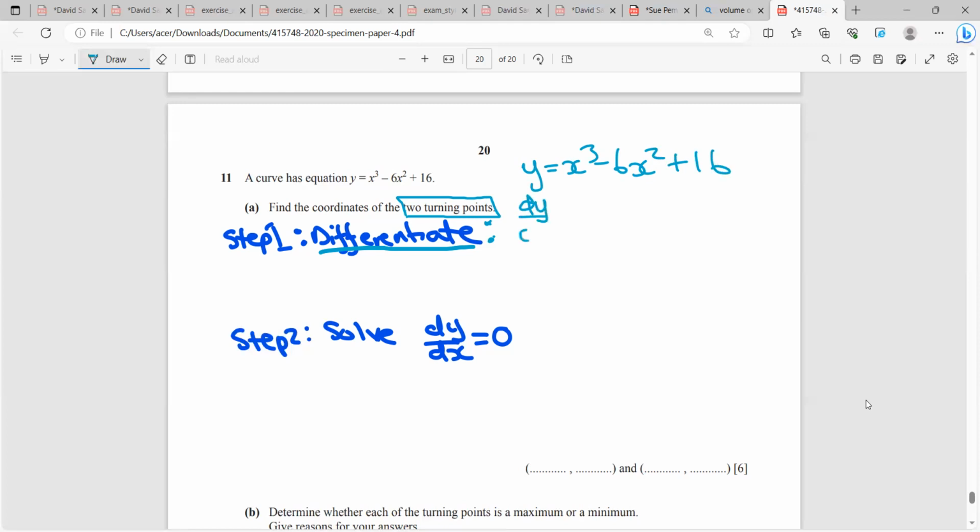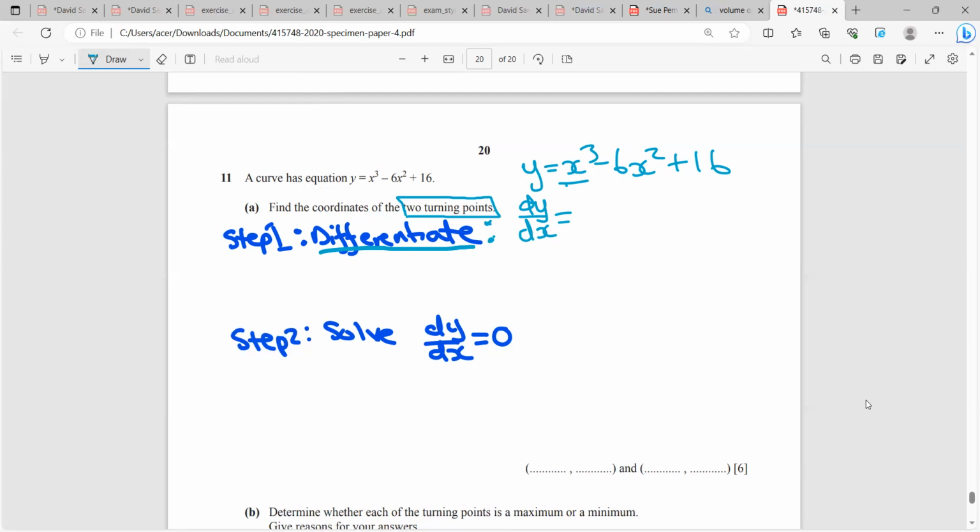Lisa, can you tell us our dy/dx? Differentiate the whole thing, bit by bit. For the first part, what are we going to get? We just want the final answer, not the working.